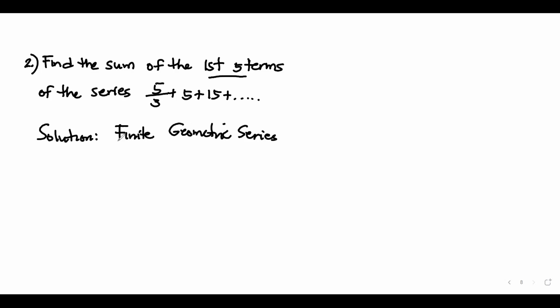So it's finite. By finding the sum of the first 5 terms, we're going to use again the formula S of n equals a sub 1 multiplied by 1 minus r raised to n all over 1 minus r.